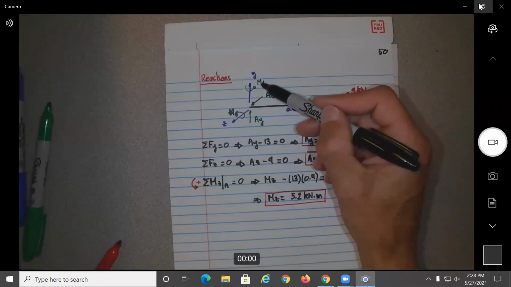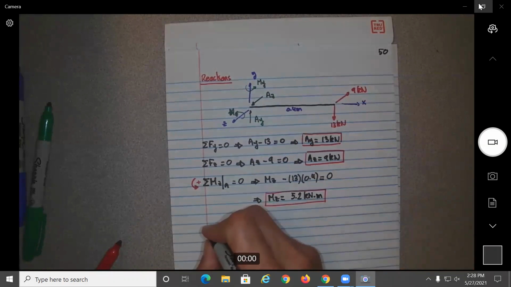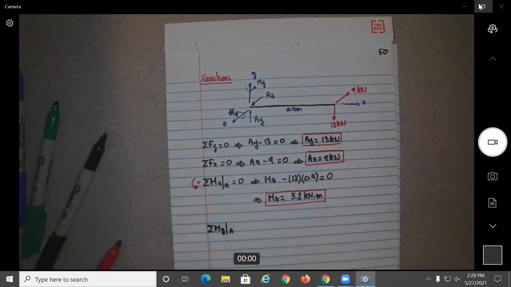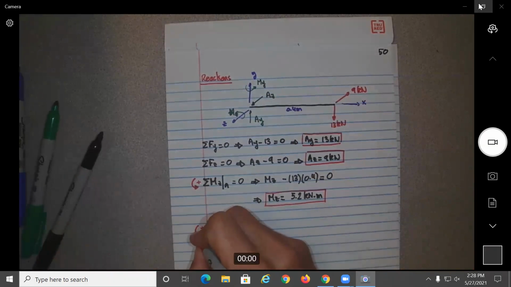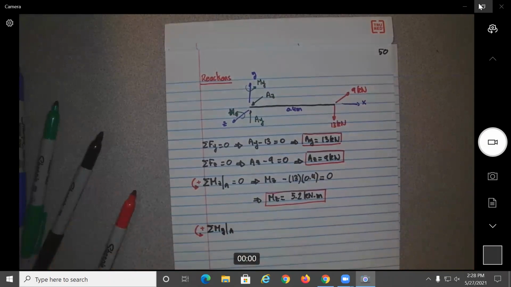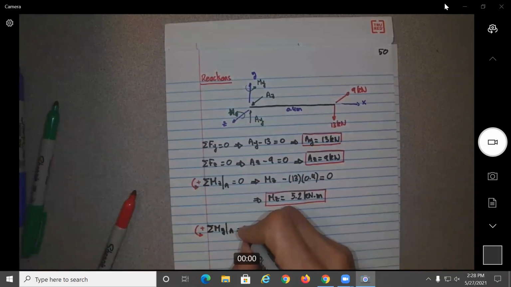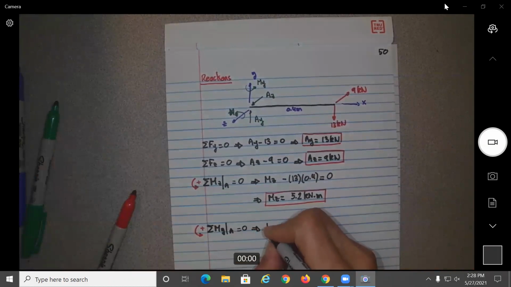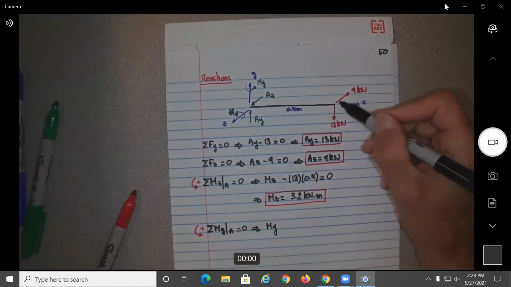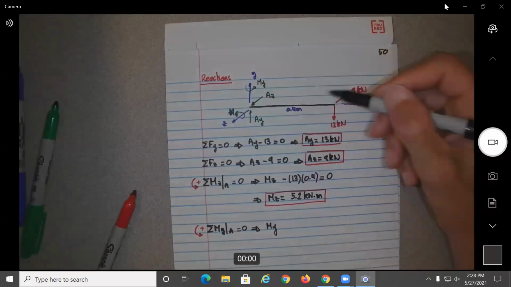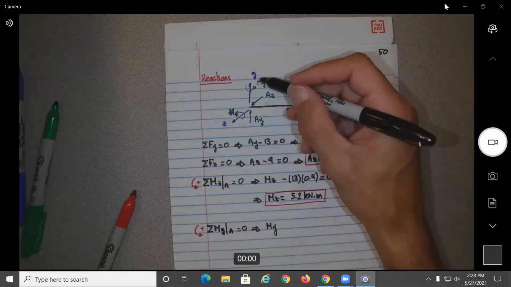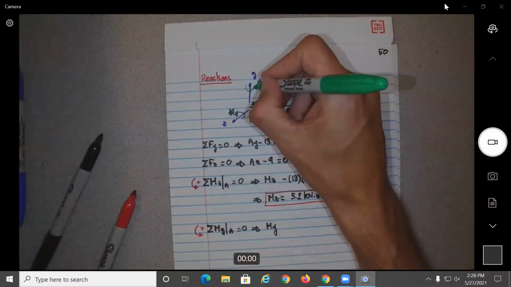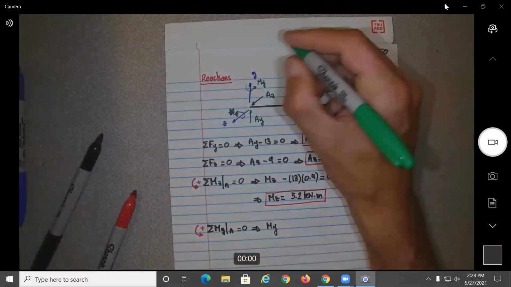And now we need to find the moment about the y. So we need to take the moment equation about the y at point A, and we do the same thing. Which will give you what? My. Then the moment created by the 9 will be, so here I made a mistake. I plotted this clockwise.